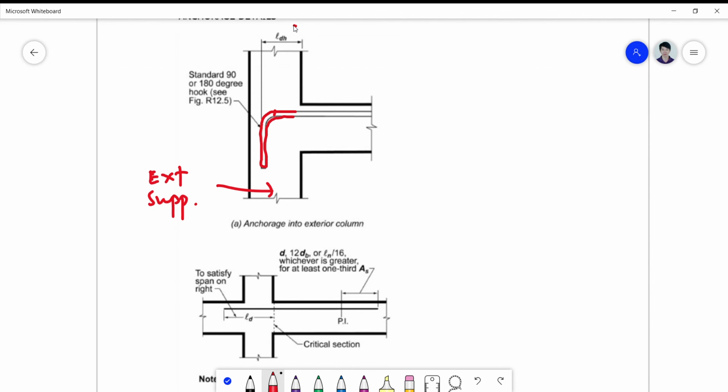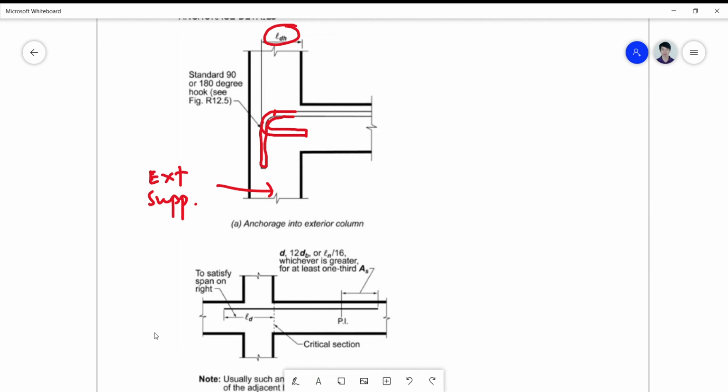But you have to check the hook. So you call this the Ldh, or the length of development of this hook. This is a 90 degrees, or sometimes they also use a 180 degrees, but it's better to use a 90-degree hook.